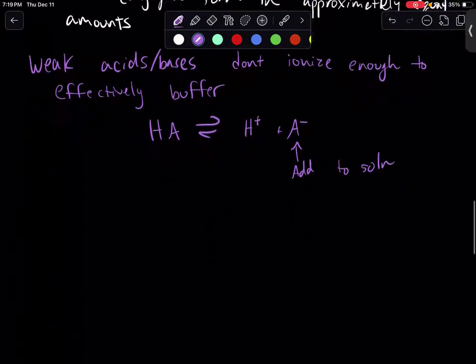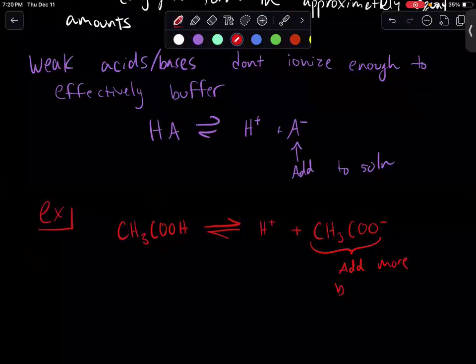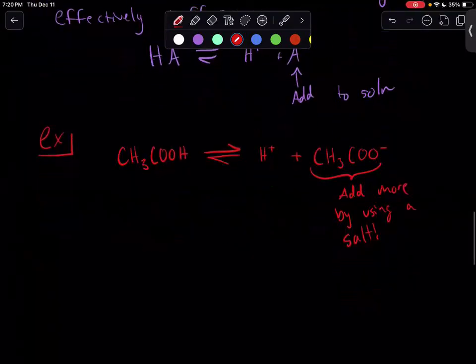A great example of this might be with vinegar or acetic acid or ethanoic acid, three names for the same thing, CH3COOH, which will deionize into H plus and ethanoate, CH3COO minus. And what we can do is add more by using a salt. So we talked about how some salts can be acidic or basic.